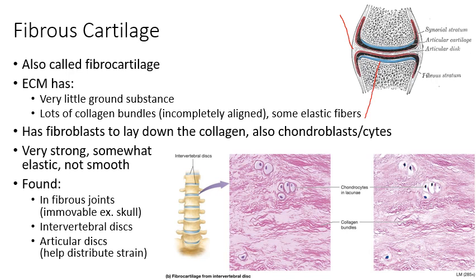The black space is actually space in the joint that would be filled with articular fluid, also to reduce friction. And then in the middle here, this white band, that is your fibrous cartilage articular disc. So that's going to distribute strain and weight around the joint. So for instance, you've got articular discs in your knee joint, which are called the menisci.